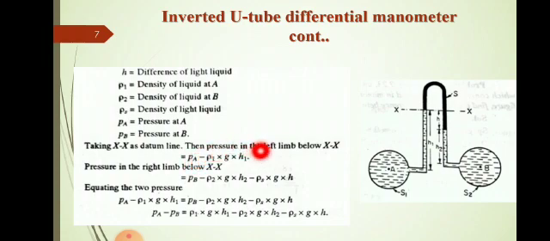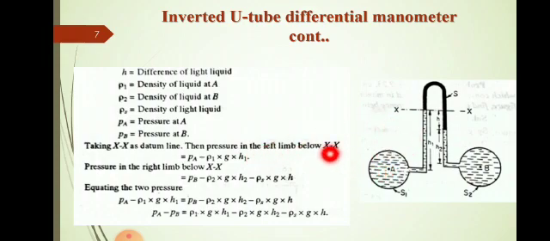Then the pressure in the left limb below XX. So this is the left limb. In the previous case, in normal manometers, we had taken the pressure above the datum line, but here the pressure is taken below the datum line XX. Here one more thing you have to note.